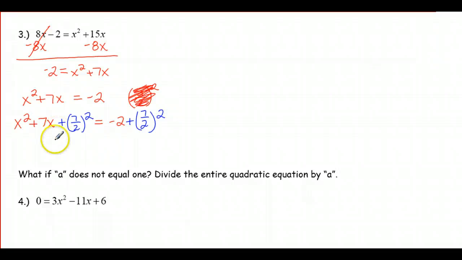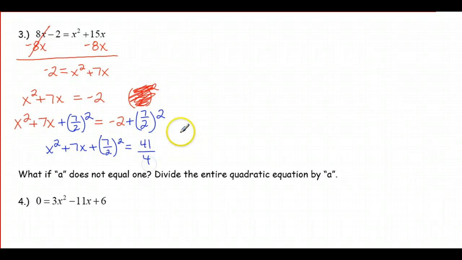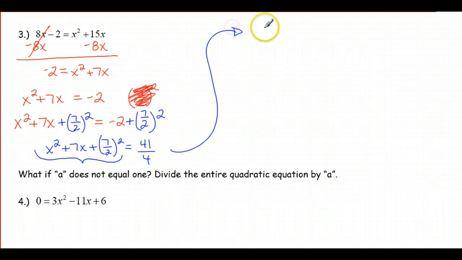So I can now write this as x squared plus 7x plus 7 over 2 squared equals 41 over 4. All right, I'm now going to factor my PST, and when I do that, I get x plus 7 over 2 in parentheses squared equals 41 over 4.